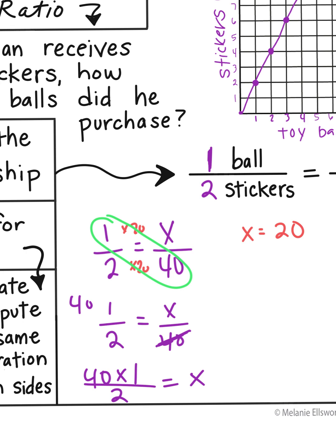That's what it means by isolating X. We're going to be solving equations in several weeks. This is kind of what it's going to look like. We're going to be practicing some of this. So what I end up with is 40 over 2 equals X. And what is 40 divided by 2? 20. Right. So that's another way to get it.